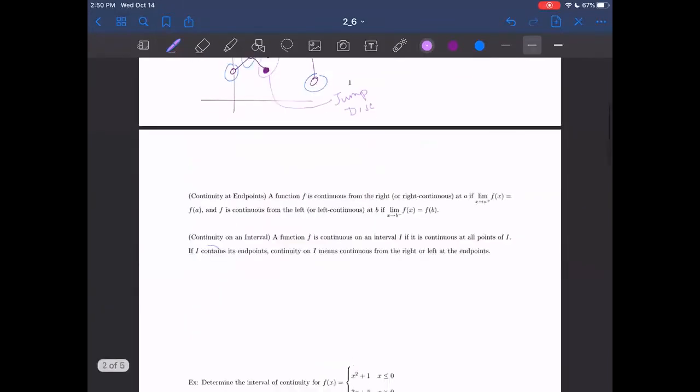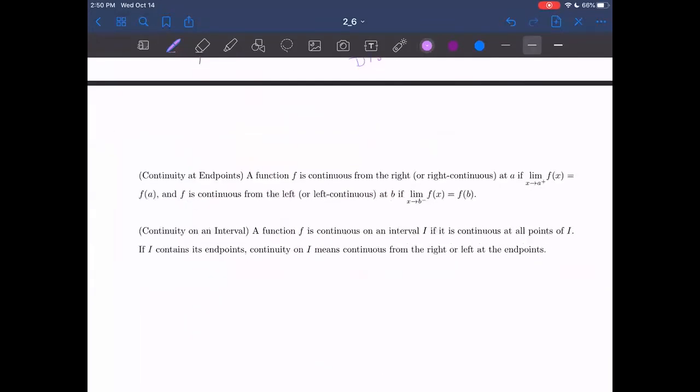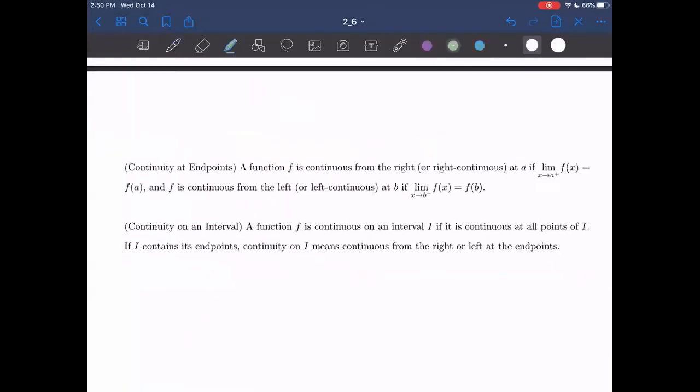We can also look at the continuity at endpoints.